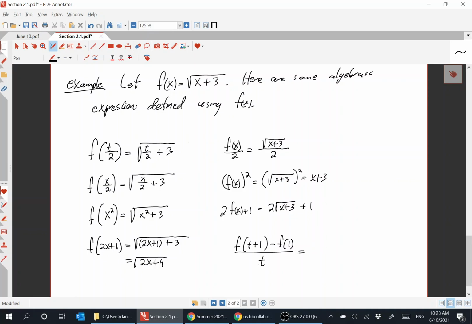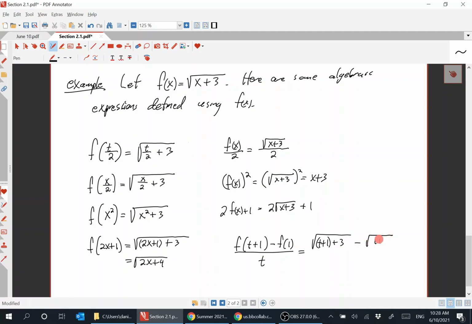Well, what is f of t plus 1, first of all? Replace argument x with t plus 1. And I get the square root of t plus 1 plus 3, minus f of 1.